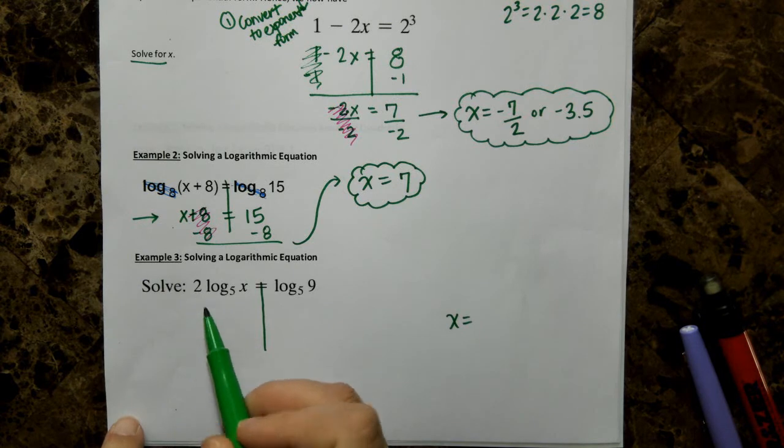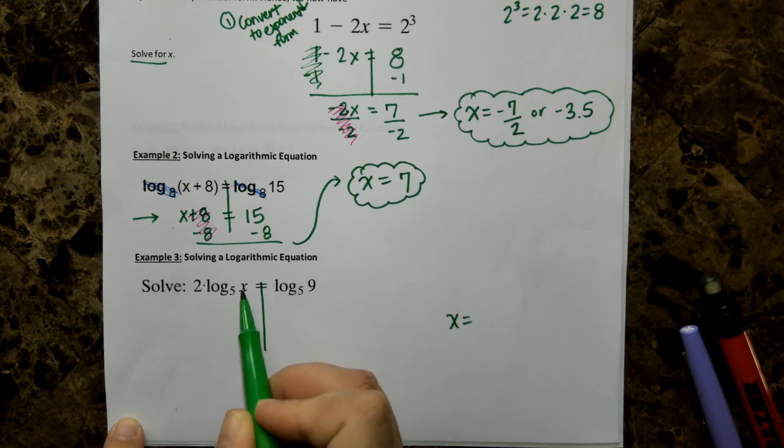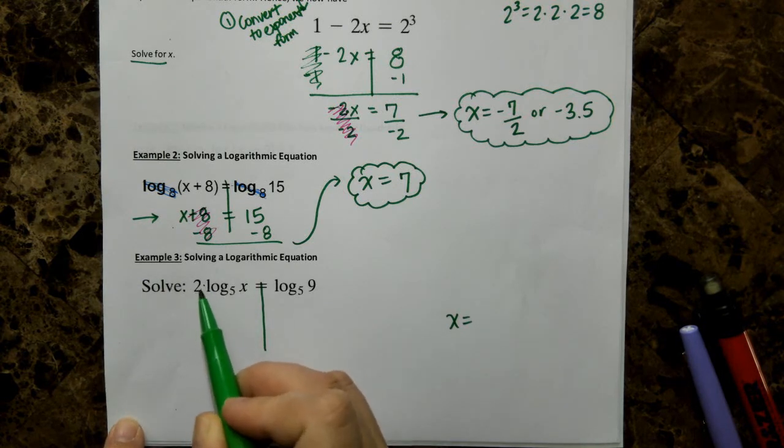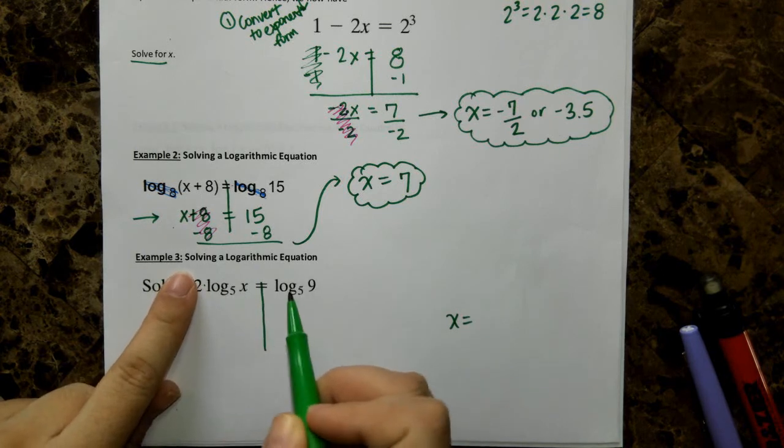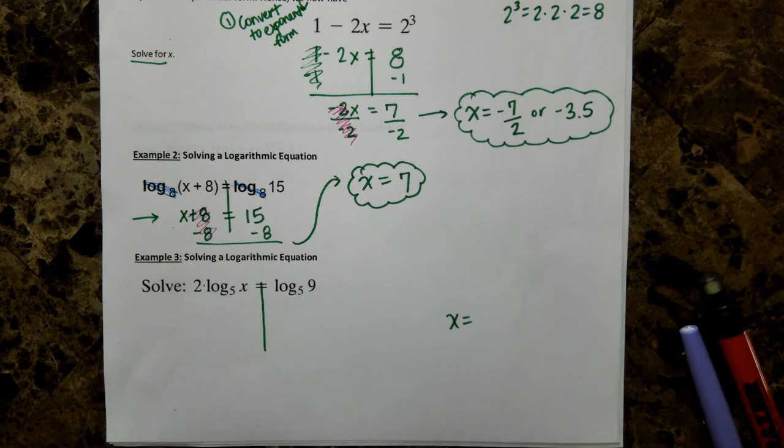There's 2 times logarithm base 5 of x. So we would have to get rid of this 2 before I can cancel out log base 5 on each side. We have to get rid of anything outside of the logarithms. Now, I would try to divide by 2, but all that's going to do is make me divide by 2 on the other side, and I'm still going to have a 2 that I need to somehow get rid of or move into the logarithm.